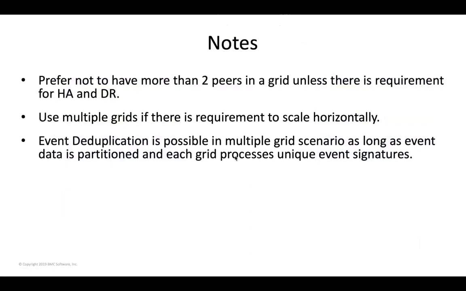That is also possible in some ways, if you have some kind of logic upfront. You can partition the event data, identifying maybe from some field, and say an event with this characteristic will go only to grid 1, and an event with a different characteristic will go to grid 2. Okay, those are some of the options that we have.